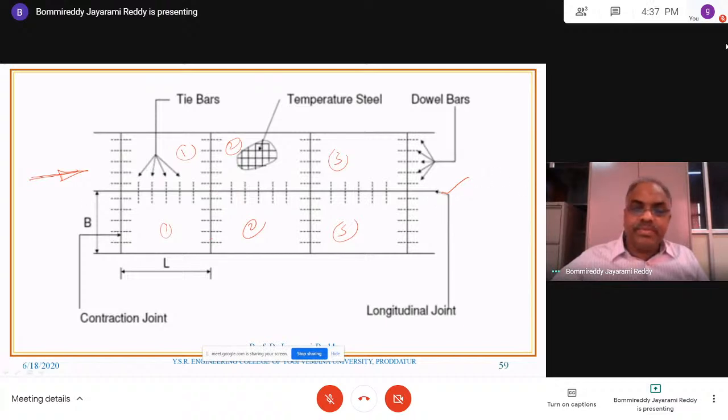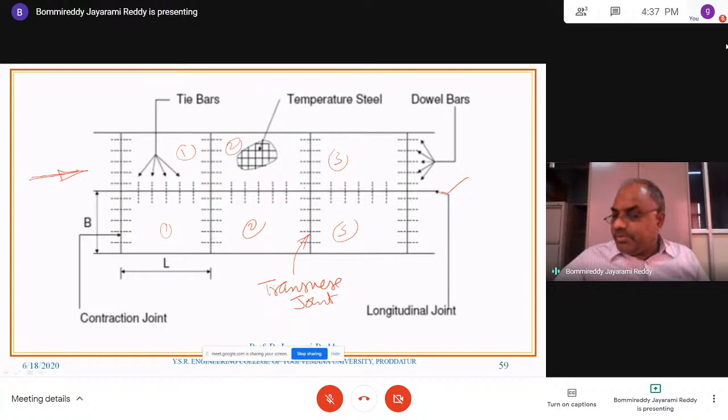And another joint is called the contraction joint or otherwise the expansion joint. Both are one and the same. These joints are called the transverse joints. You can look at this joint. This joint is called a transverse joint, or otherwise we can call it an expansion joint or contraction joint, depending upon the situation that arises.